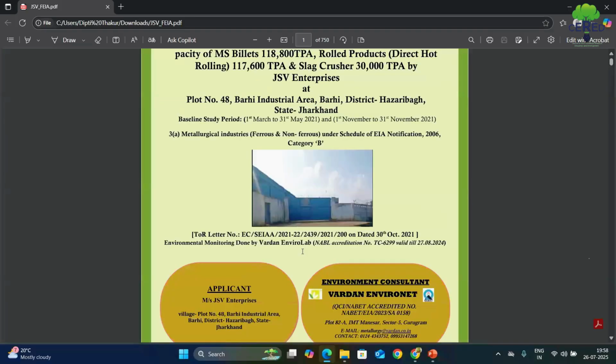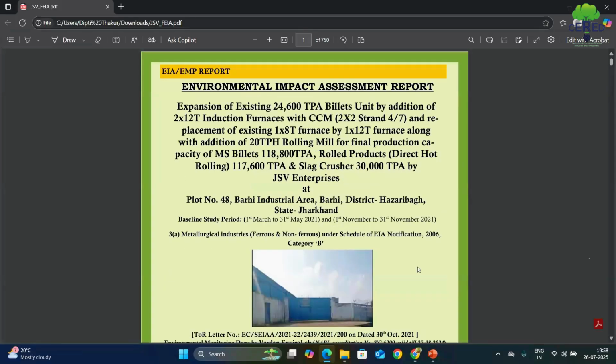If you see the first page of the EIA EMP report, you can see the name of the project. These are small points, but they are very important for the clearance of EC.